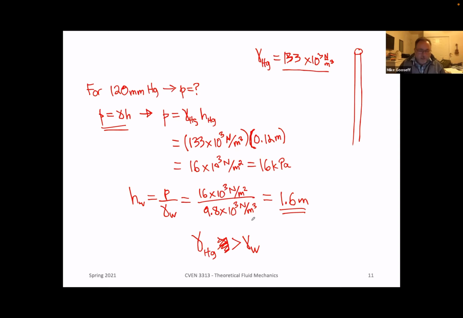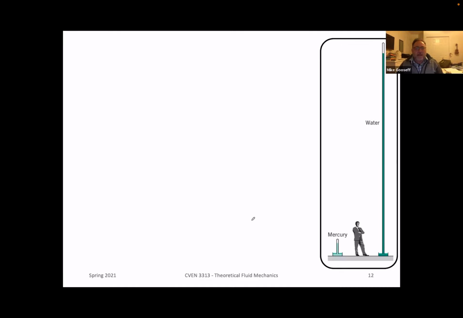On the next slide, I wanted you to note that I've seen this comparison in one of the previous versions of this book. Essentially, a meter of mercury in height is shorter than your average adult, but the water equivalent is more than 10 times that height. That's the point we want to make here.